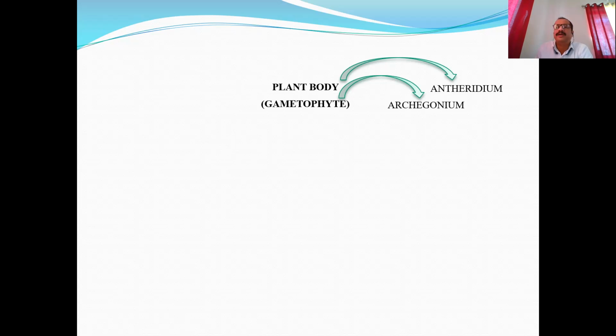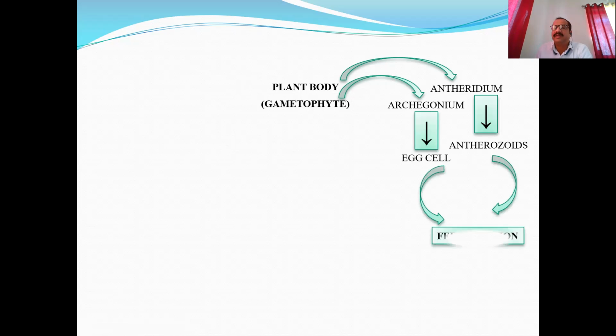So the important point here is that antheridia and archegonia, which are gametangia, are present on the plant body directly, and therefore the plant body is called gametophyte. Then we studied that antheridium produces antherozoids and archegonium the egg cell. And then the important event in the life cycle, fertilization, takes place, producing a diploid zygote, which is the first cell of the sporophyte generation, and therefore it forms a multicellular embryo, which is part of the sporophyte.